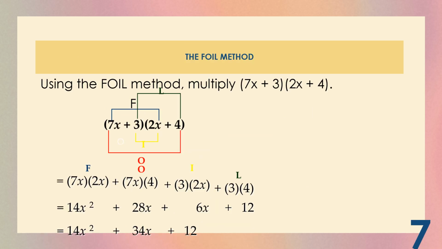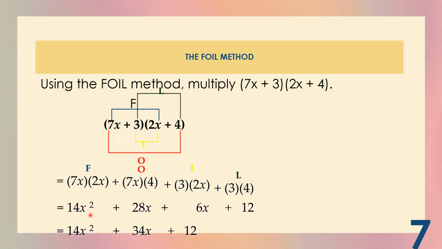Let's have this. We can multiply binomials using the FOIL method. We have the first terms, 7x times 2x, plus the outer terms, 7x times 4, plus the inner terms, 3 times 2x, plus the last terms, 3 times 4.